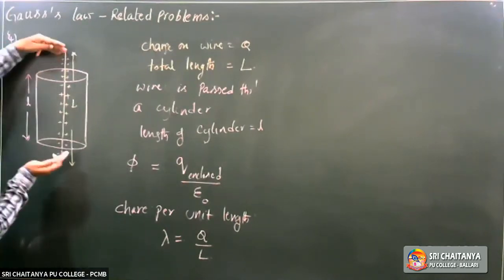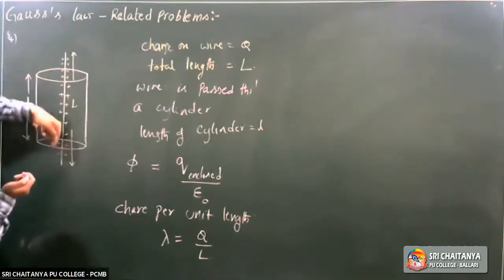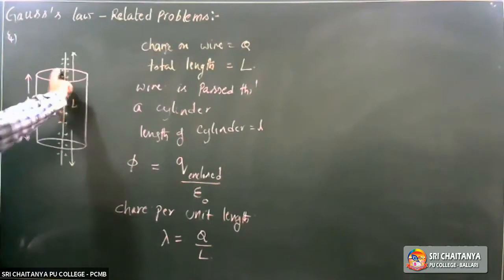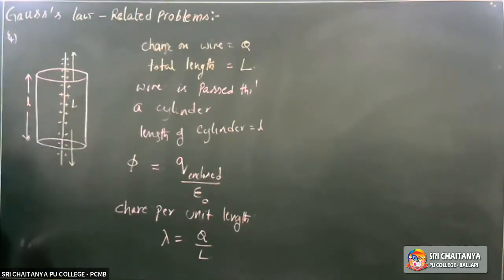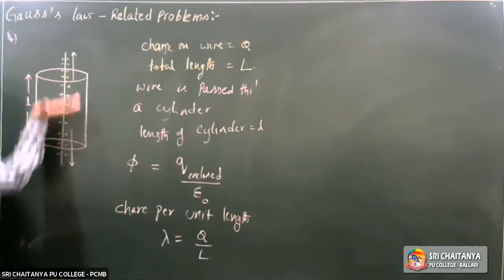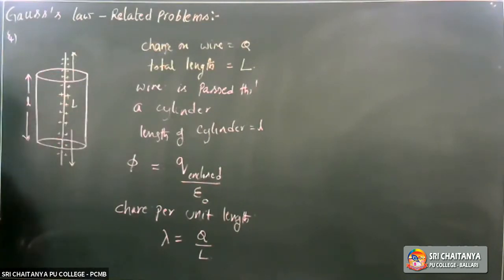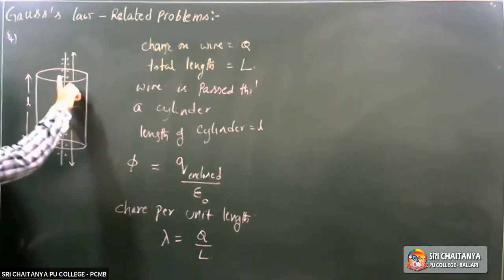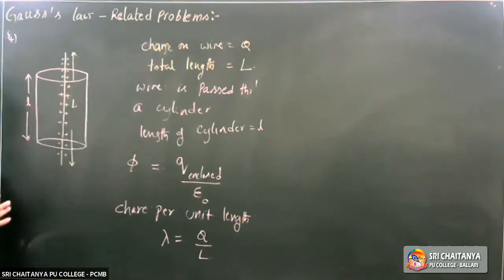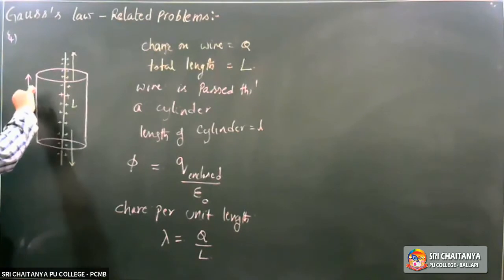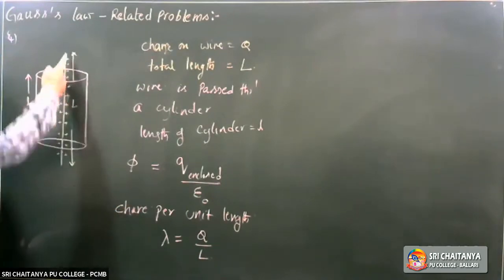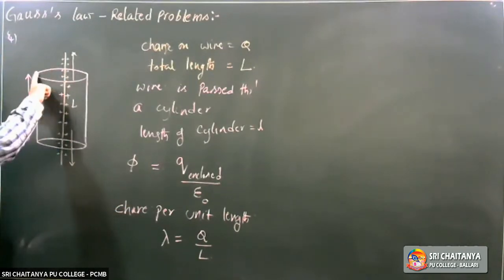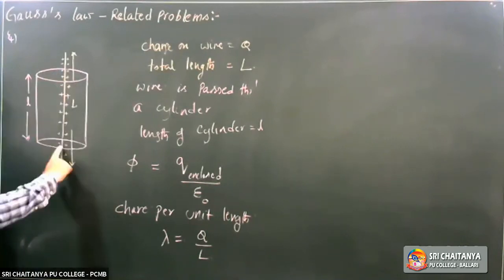Now, whenever this wire is kept inside this cylinder, how much length of the wire is inside? From here to here. So small l length of the wire is inside. How much charge is inside? Charge per unit length into the length enclosed. Length enclosed is just the length of the cylinder, right? From here to here only is enclosed.